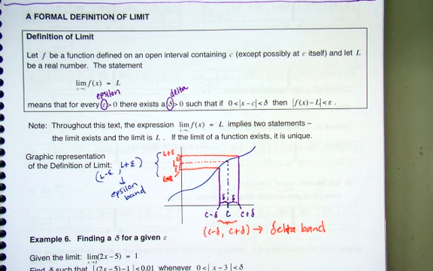All right, so what the problems are going to do is give you a certain epsilon and ask you to find the corresponding delta. What you're going to need to find is the largest possible delta band that works for it.